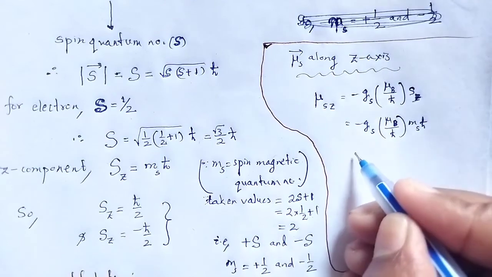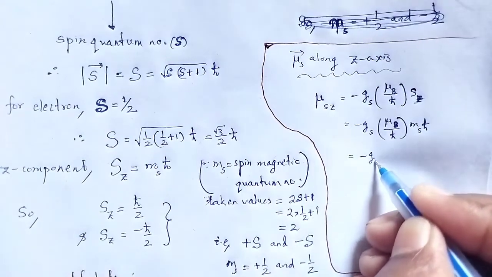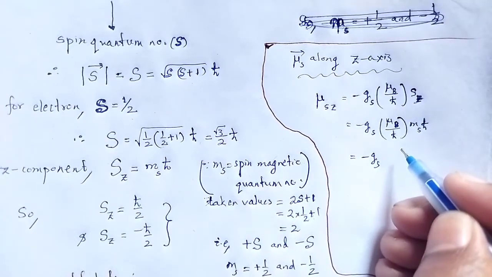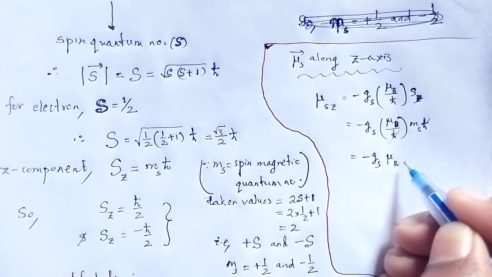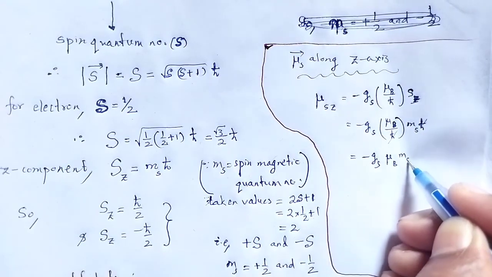Here minus g s mu b by h cross cancels out, that means mu b into ms.